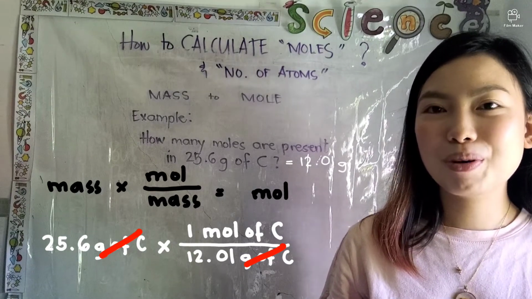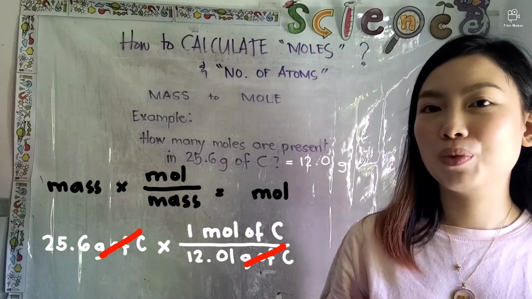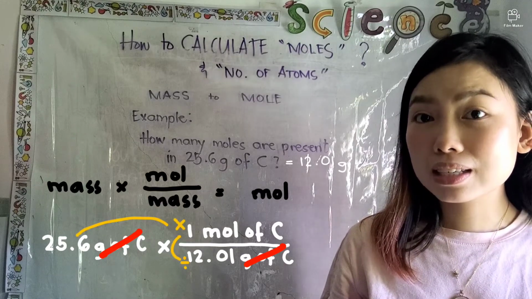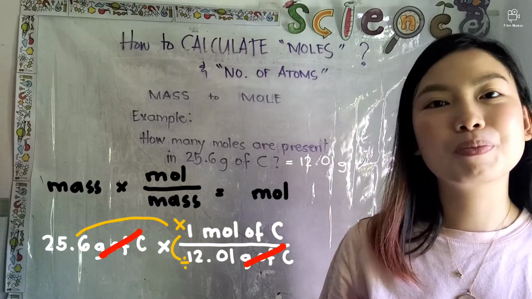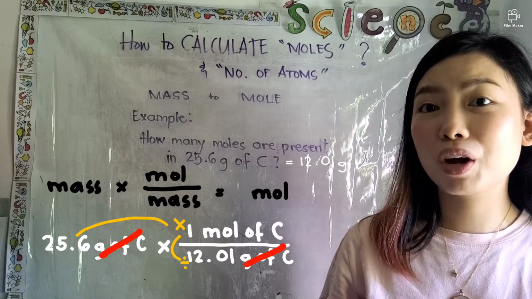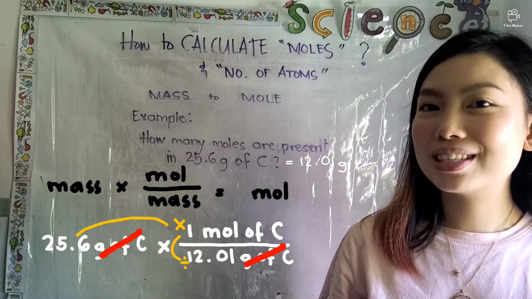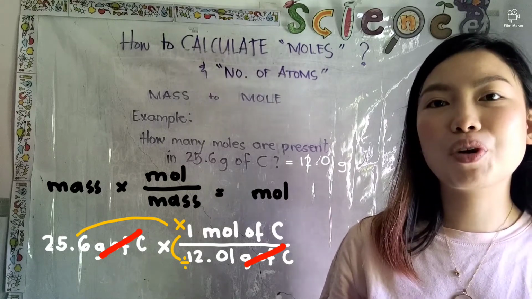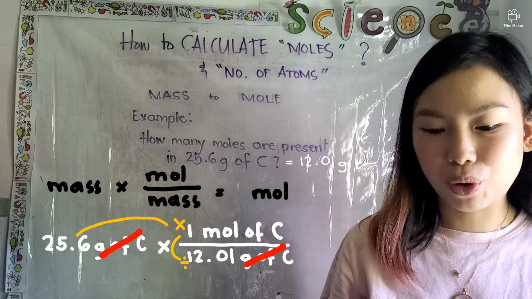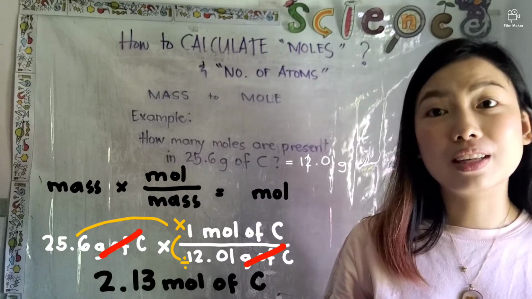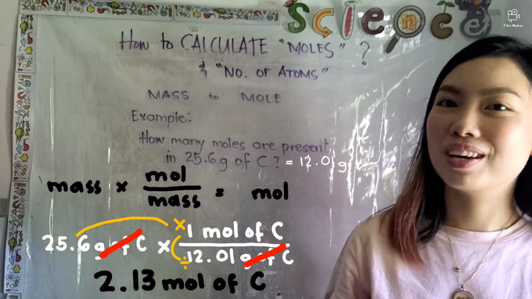So, pwede na nating makuha ang ating answer. 25.6 grams of carbon multiplied by 1 mole of carbon divided by 12.01 grams of carbon will give you an answer of 2.13 mole of carbon.